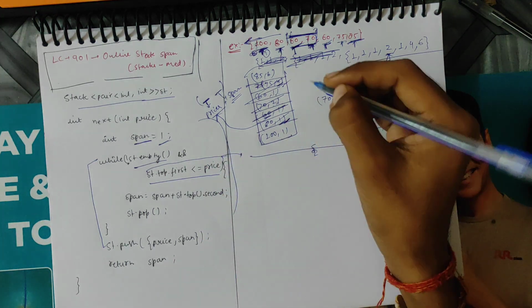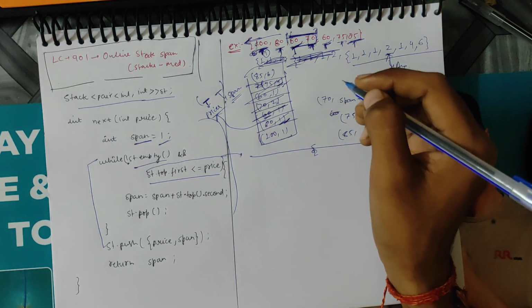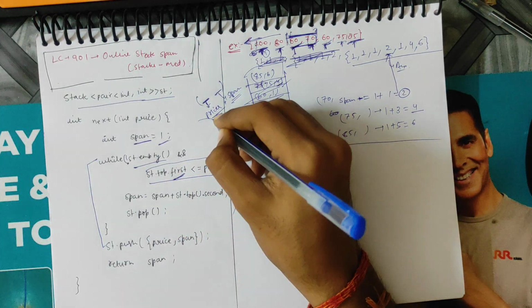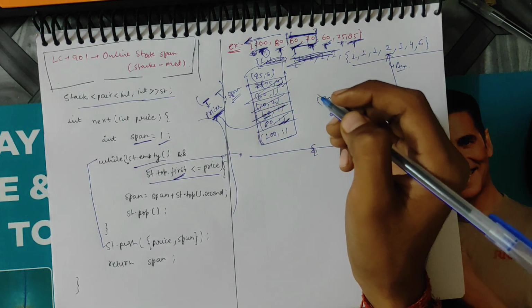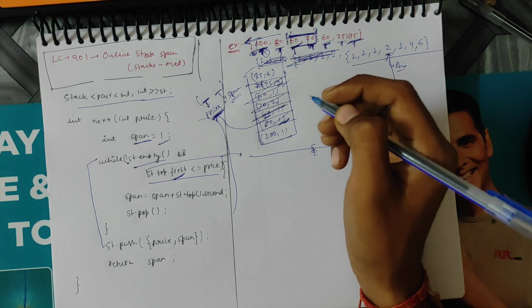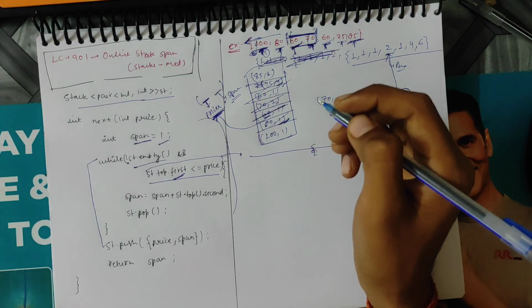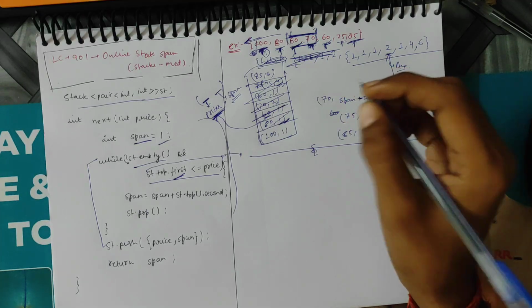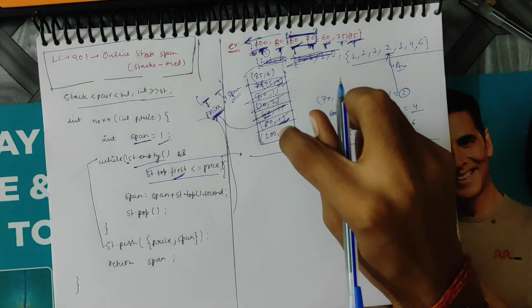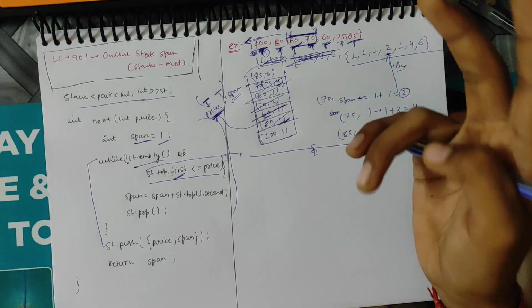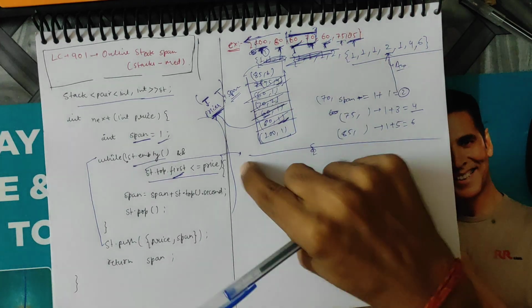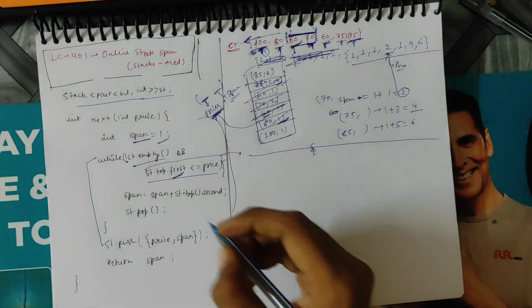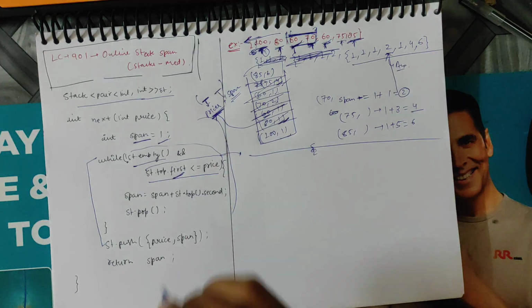It means that the price of the topmost element of the stack must be less than or equal to our current price. If this condition holds true, then we enter the loop.